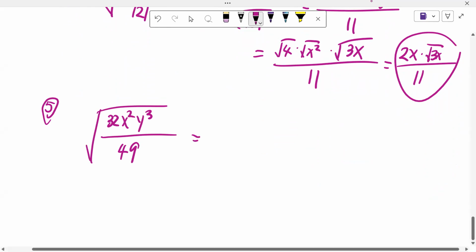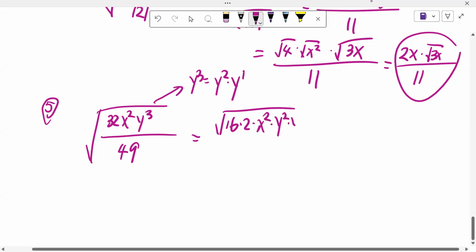For 32, the maximum perfect number going into that will be 16. 16 times 2 is 32. x squared is a perfect term. Then y cubed, we're going to split it as y squared times y. y squared is a perfect term, and y. On the bottom is just going to be 49.